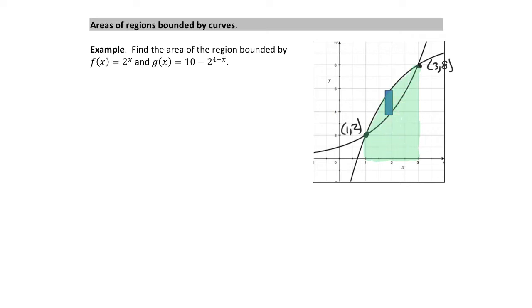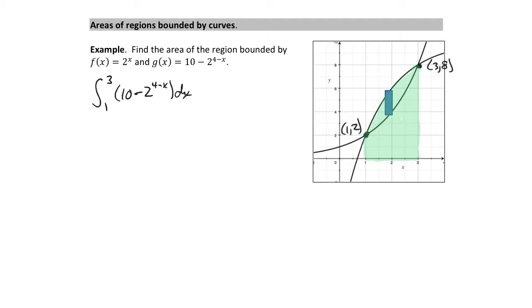And all we would have to do there is find the integral from 1 to 3 of 10 minus 2 to the 4 minus x dx. Now the problem there is we end up with too much region.